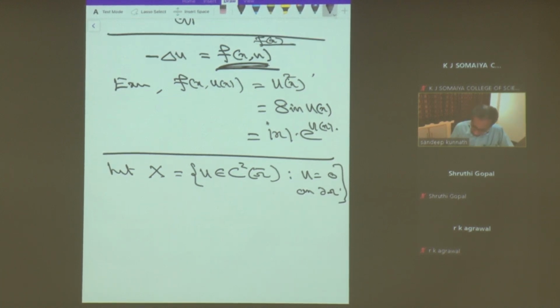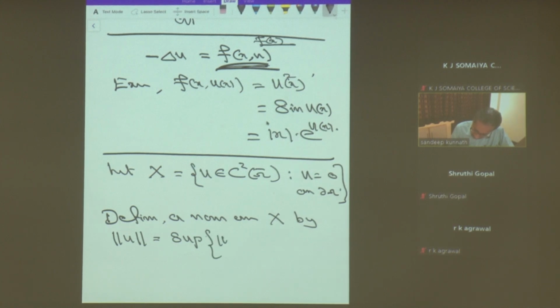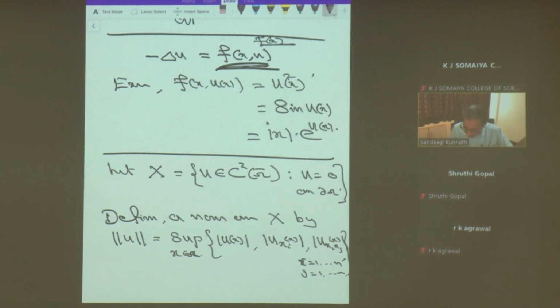Now I can define a norm on X. The norm of u is the supremum of the modulus of u of x, the modulus of u_{x_i} of x, and since u is C2, also all second derivatives u_{x_i x_j} of x, where the supremum is over all x in omega, for i equal to 1 to n and j equal to 1 to n. So the norm of u is the supremum of u, its first derivatives and its second derivatives.